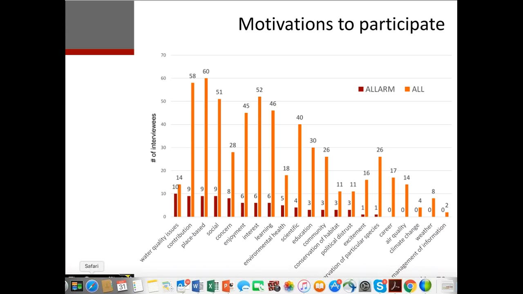But the other most common motivations are contribution, this idea of a place-based motivation to be near a local environment that there is some sort of affection for, and there's also a lot of social reasons that people participate. And so you can see, yes, there are a huge variety of motivations, but in addition to water quality, the ALLARM folks are very much in line with the other projects in terms of their wanting to contribute, wanting to be doing something locally, and they're wanting to be socially engaged with others.